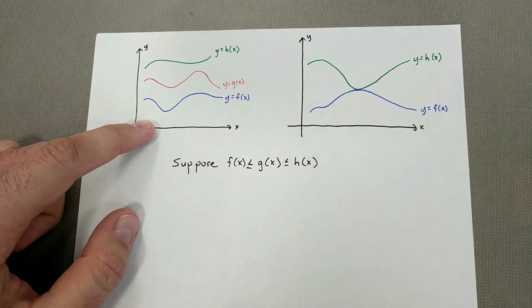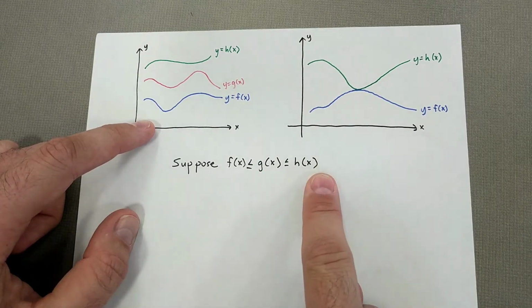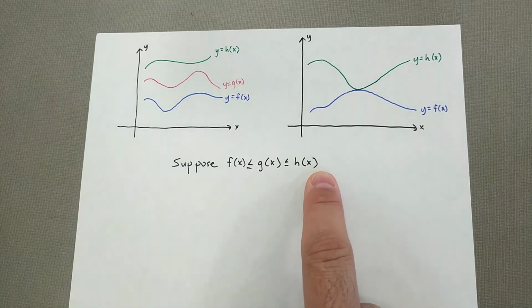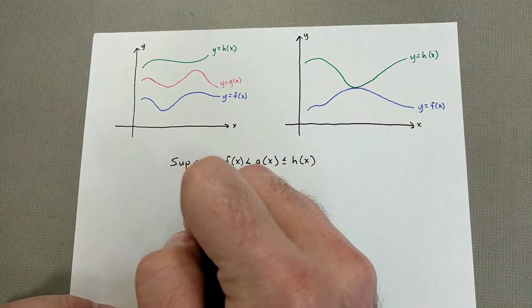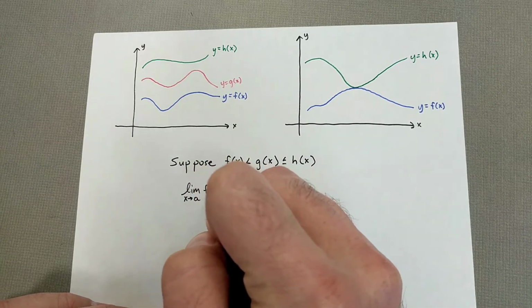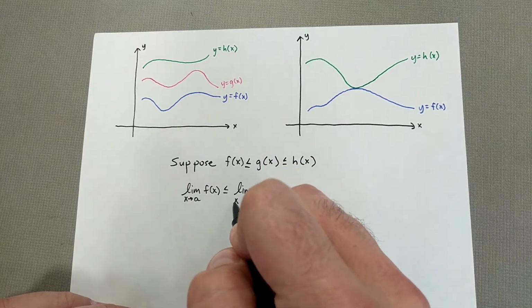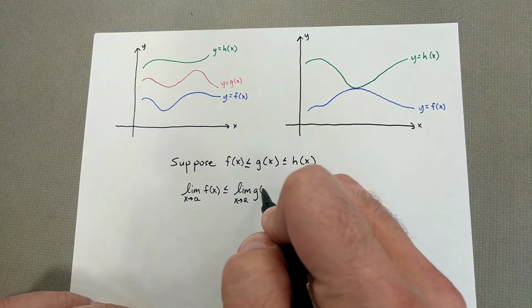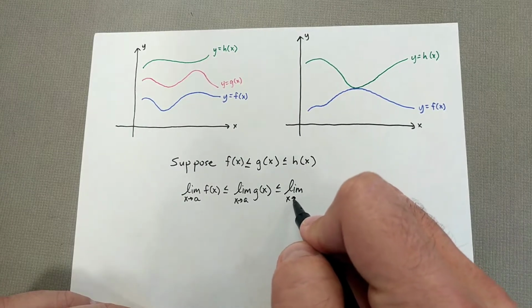If we know that g is between f and h, we could write a statement that says the limit as x approaches a of f of x is going to be less than or equal to the limit as x approaches a of g of x, which will be less than or equal to the limit as x approaches a of h of x.